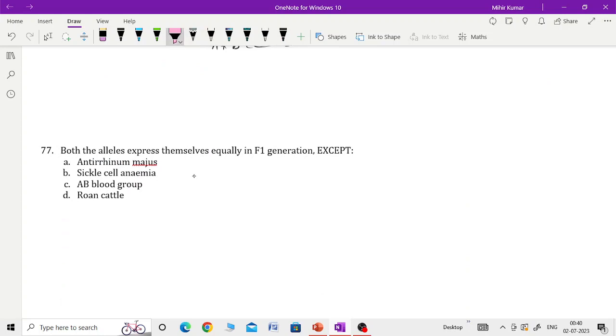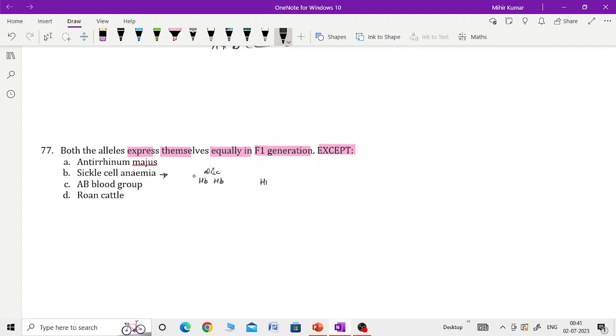Okay, this is also where both alleles express themselves equally in the F1 generation, except in the case of sickle cell anemia. If the hemoglobin is normal, then a disc-shaped RBC is there.